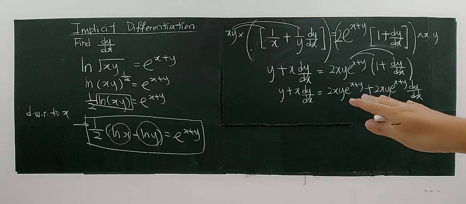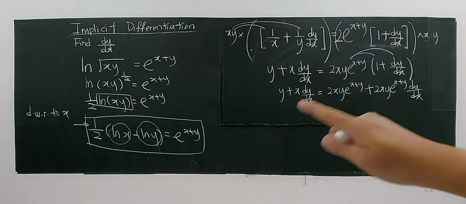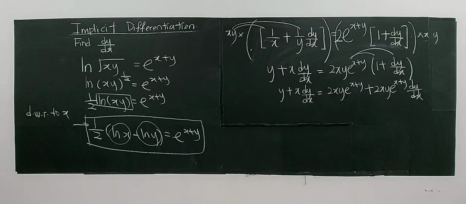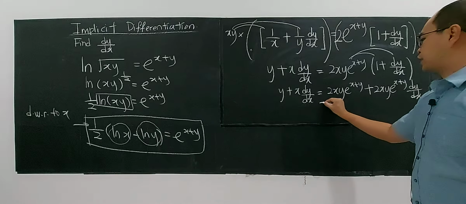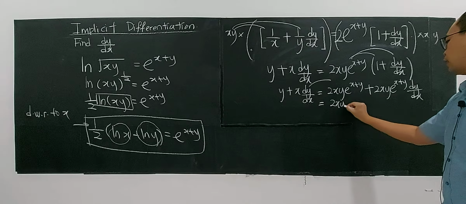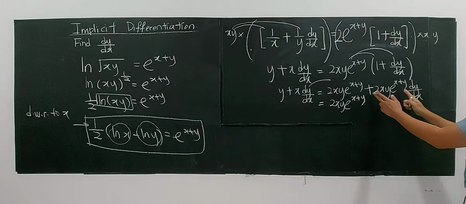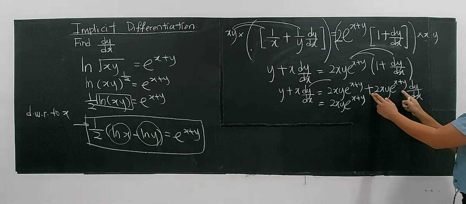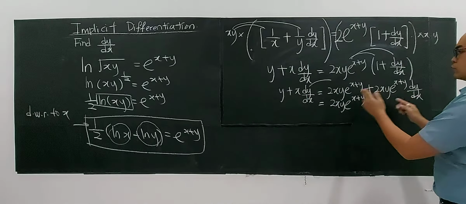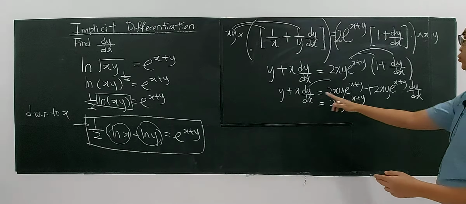So now you have reached this step. It's time for you to group the dy/dx together. Any method is fine as long as the dy/dx is grouped together. So I'm bringing this one to here: 2xy e^(x+y) dy/dx. This is minus x dy/dx, you bring to the other side.